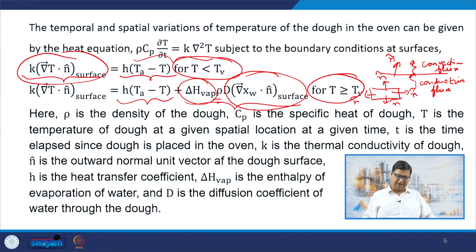The diffusive flux is given by Fick's first law as D into the gradient multiplied by the normal at the surface, and that is what is written there in the general form, and we will simplify it for the one dimensional case.